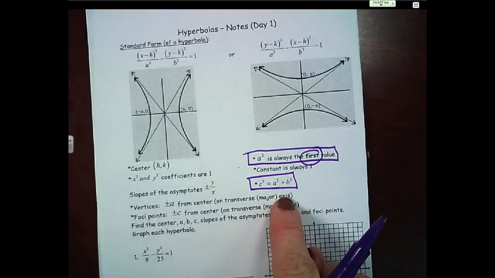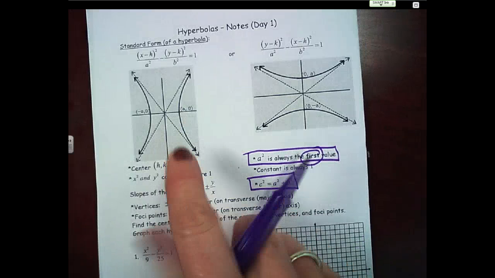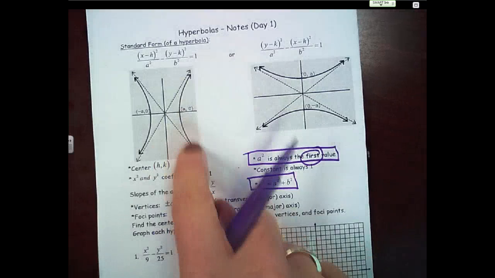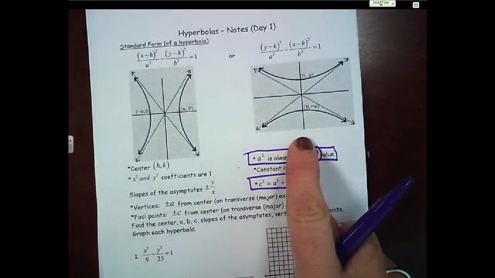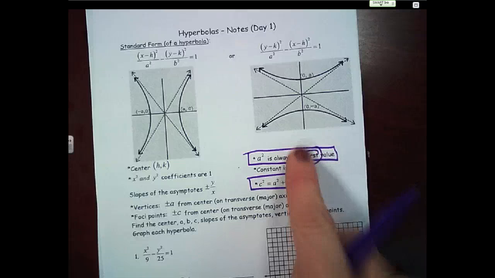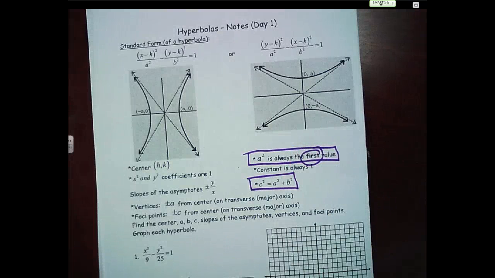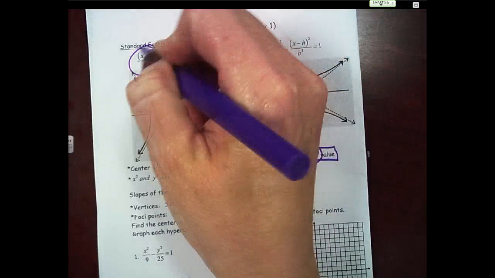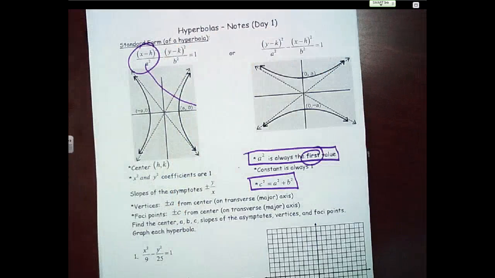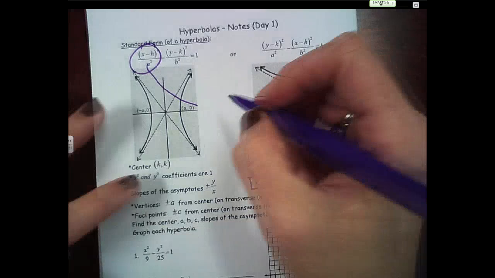Okay? Now the next thing you'll notice is that this hyperbola opens left and right, and this one opens up and down. How do you think you decide which direction it's going to open? The major axis. You look here. This is the major axis, x, so in other words, it opens on the x-axis. So this opens left and right.